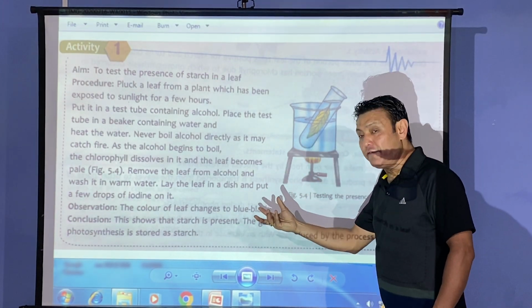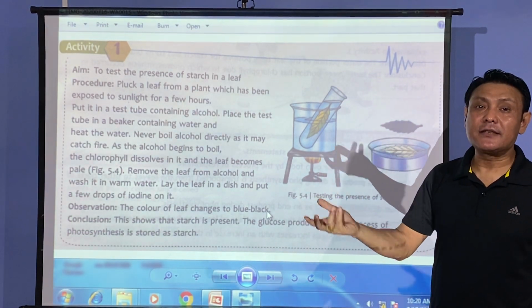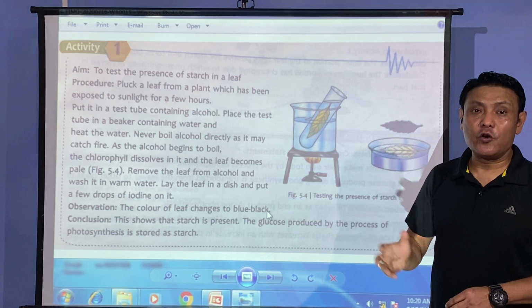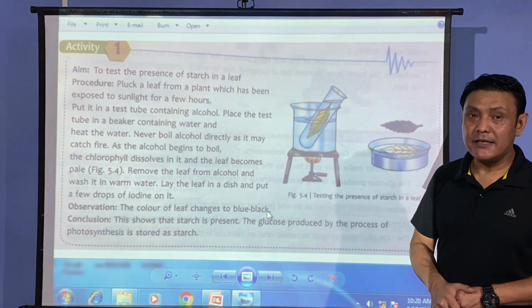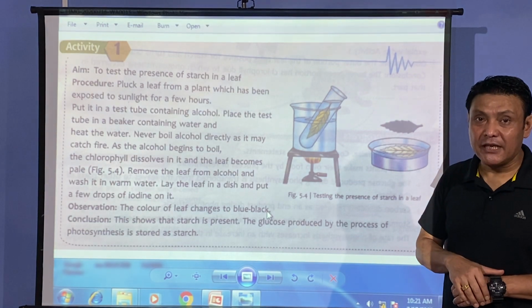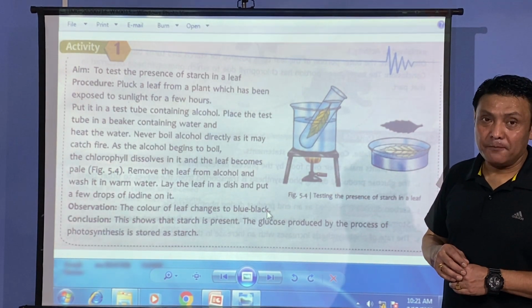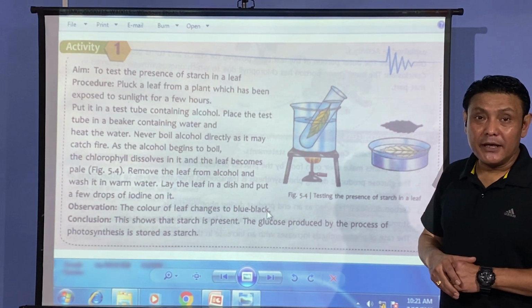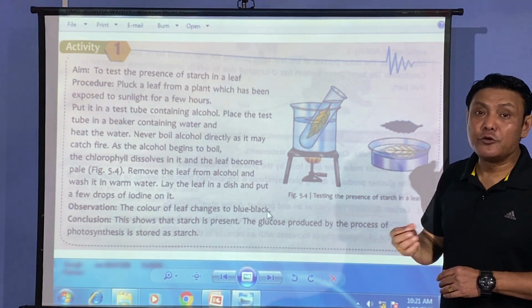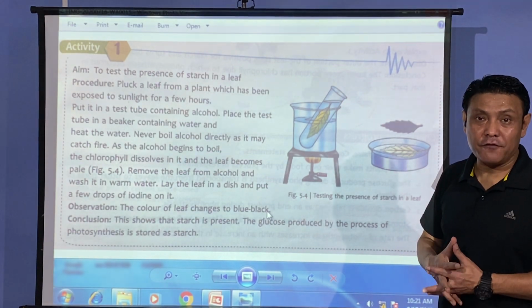We put the plant in the sun for a few hours, let photosynthesis take place in the sunlight, and then after a few hours, we pluck the leaf from that plant and put it inside a test tube which contains alcohol. Now we have to boil the alcohol. We do not boil it directly over the flame because alcohol catches fire.